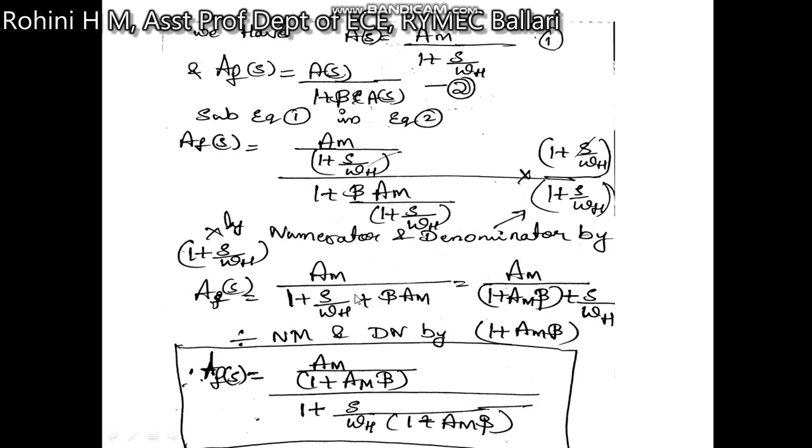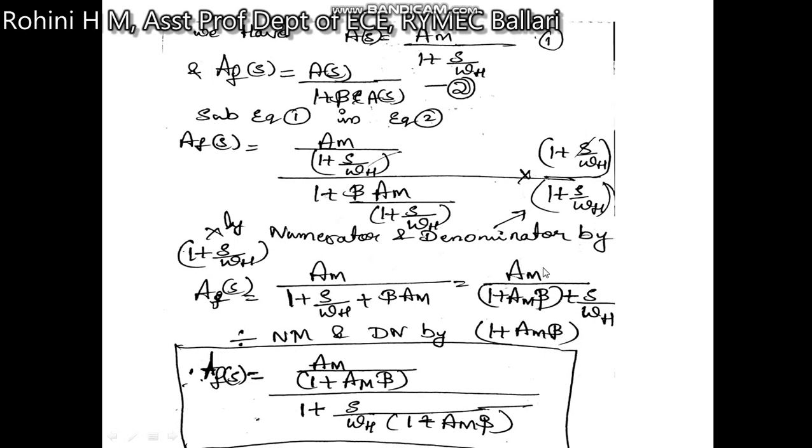Again we write together 1 plus beta into AM, grouped, and separately we write S plus omega H. Now we divide both numerator and denominator by the term 1 plus AM into beta. AM is the midband gain, beta is the feedback factor.